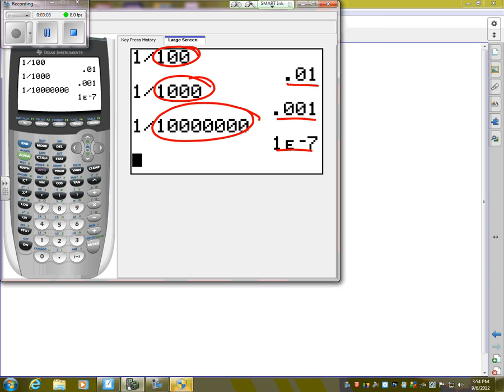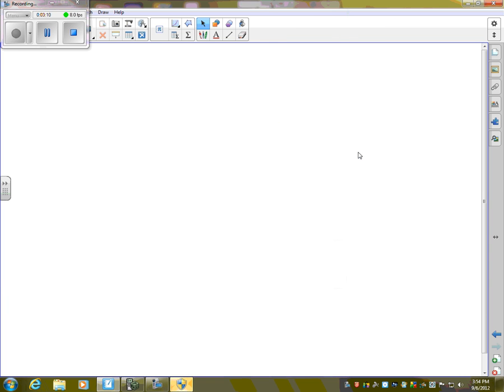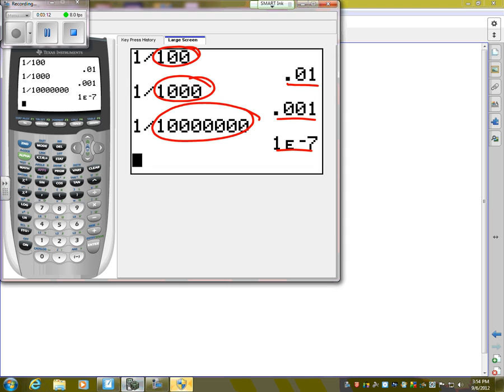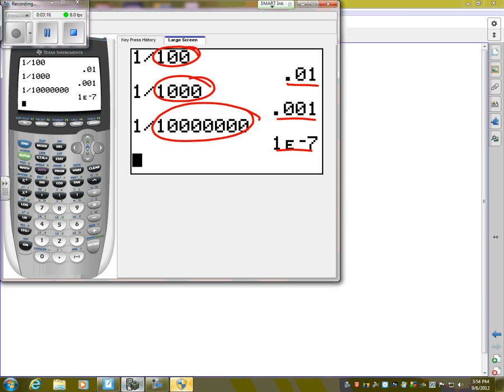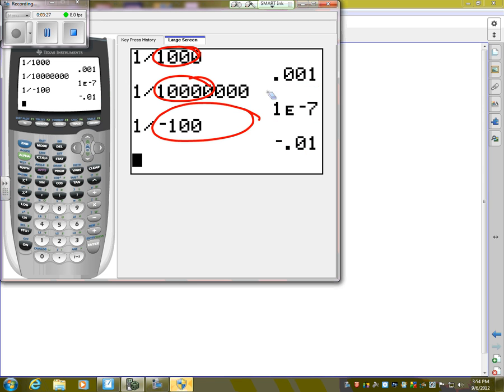Okay. Well, what would happen if we change that just a little bit to 1 over negative 100? Well, we're still getting a small number. It just happens to be a small negative number.